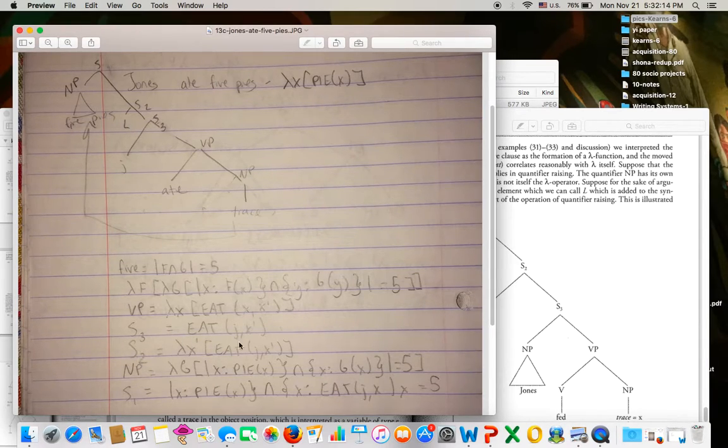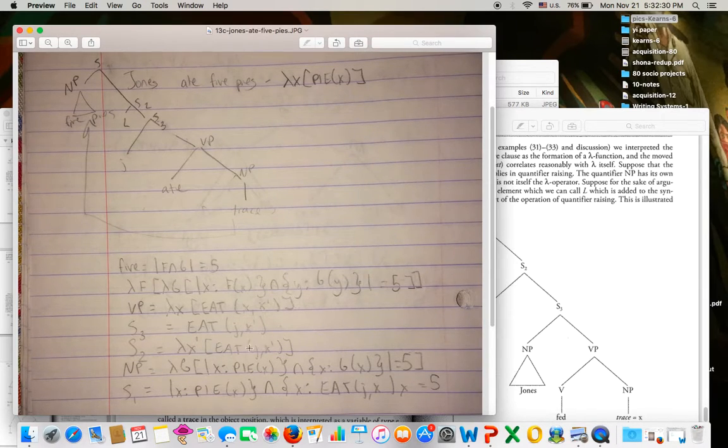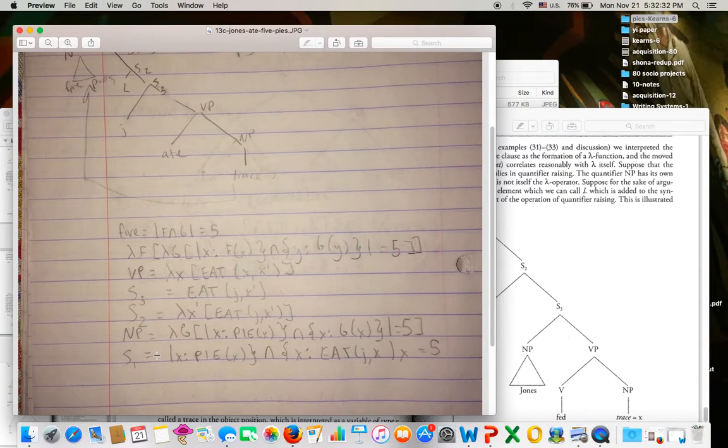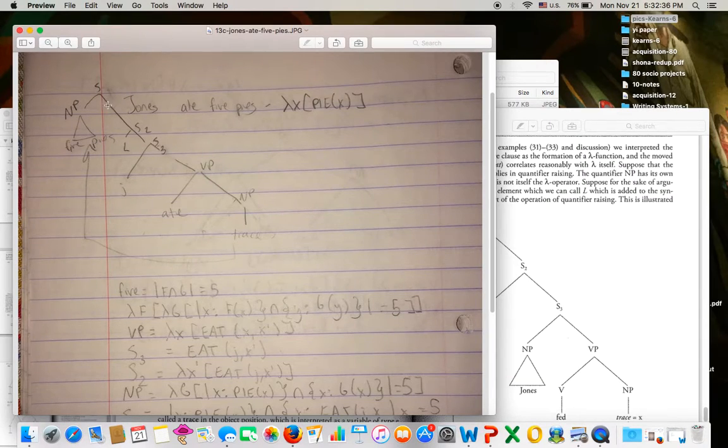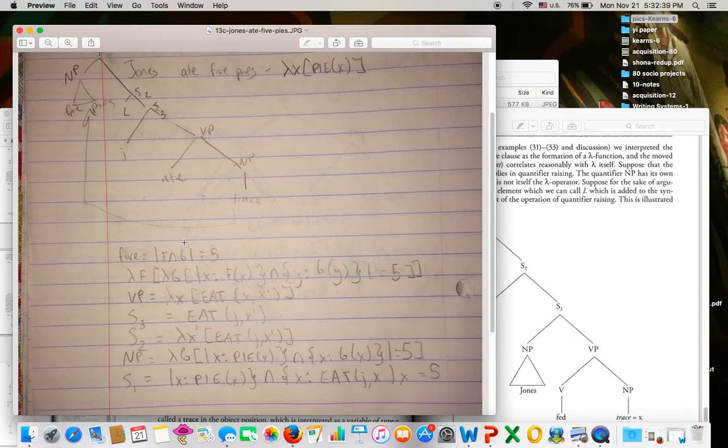So we create a lambda expression around the trace, because this 5 pi's is going to be plugged in at this trace position, right? Because it's the object of eat. Even though eat is not going to be the main predicate for the full sentence, because it's a generalized quantifier, it's 5 that is going to be taking eat as an argument, okay?